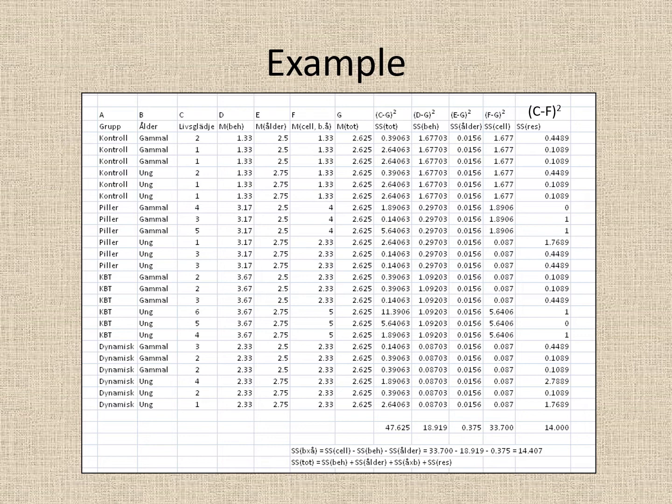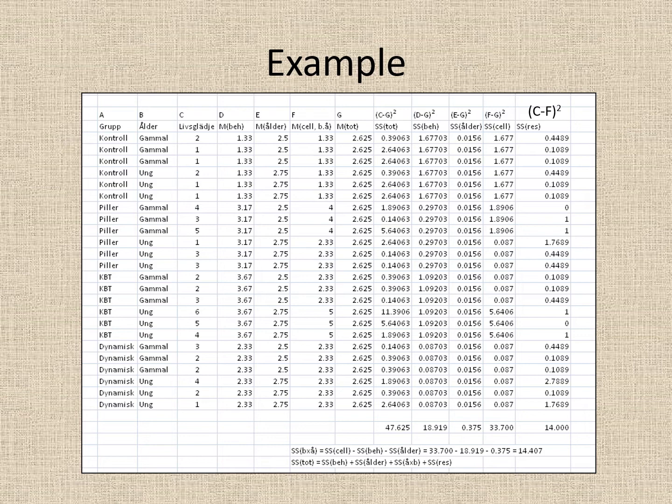We have 4 for the older ones in the pill group, 2.33 for the younger patients in the pill group, and so on. So in column F, in each row, we have the mean for the cell that the person in that row belongs to. Column G is the total mean, 2.63.